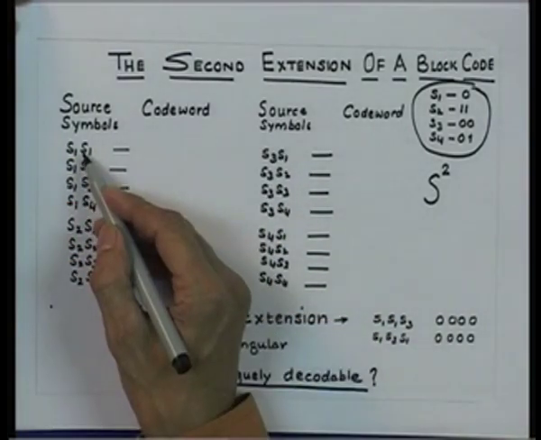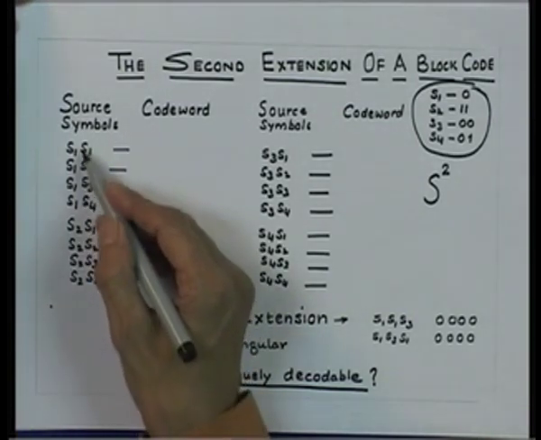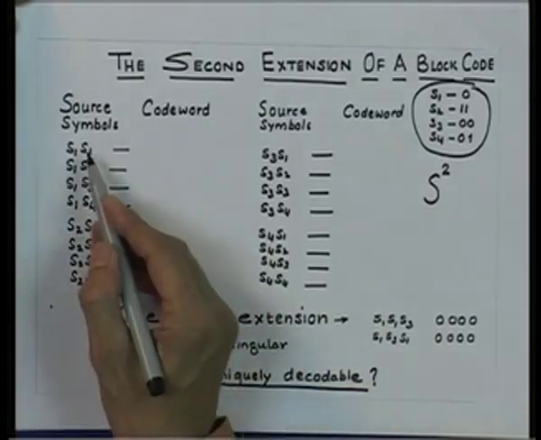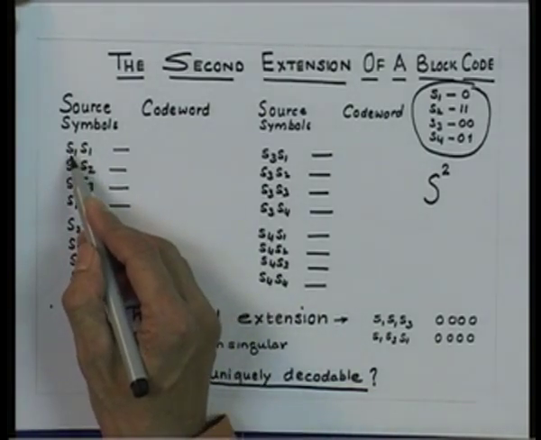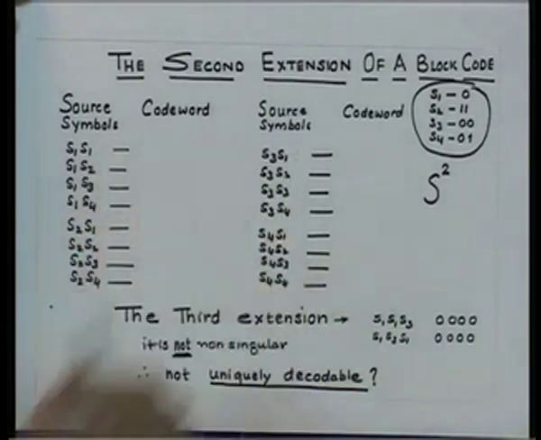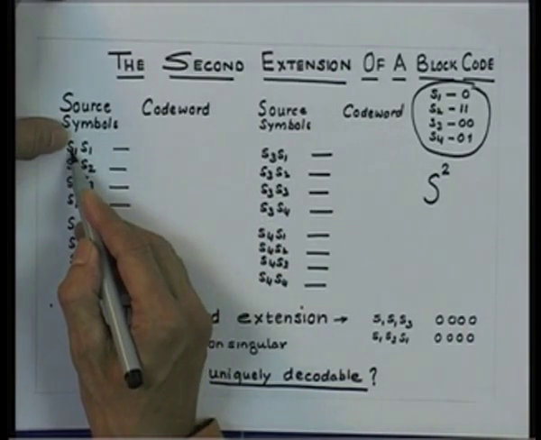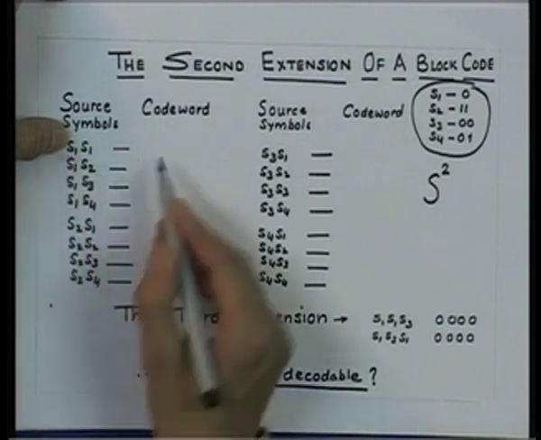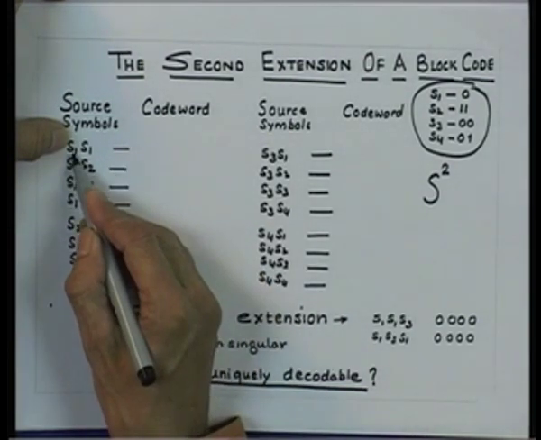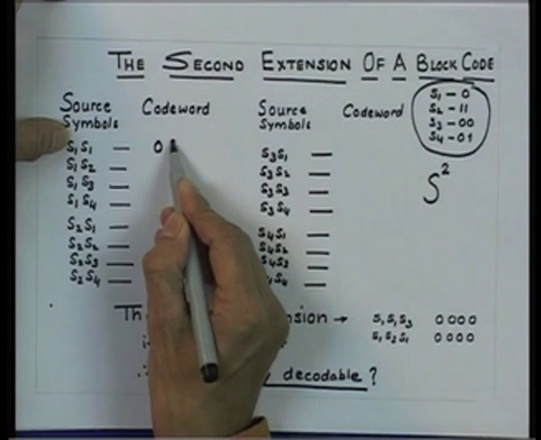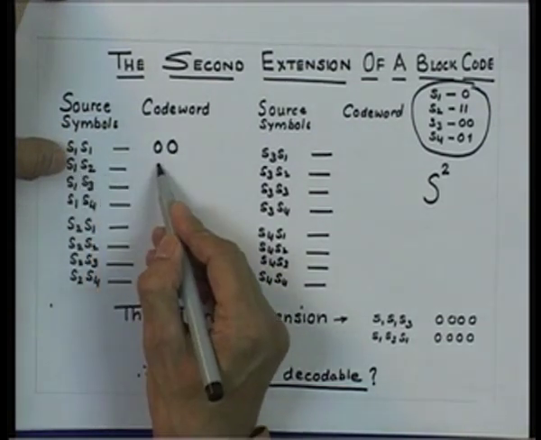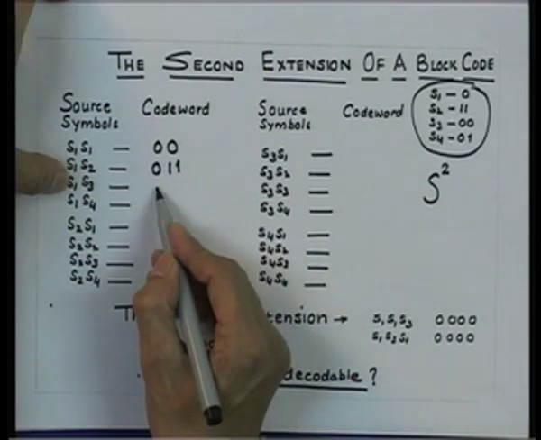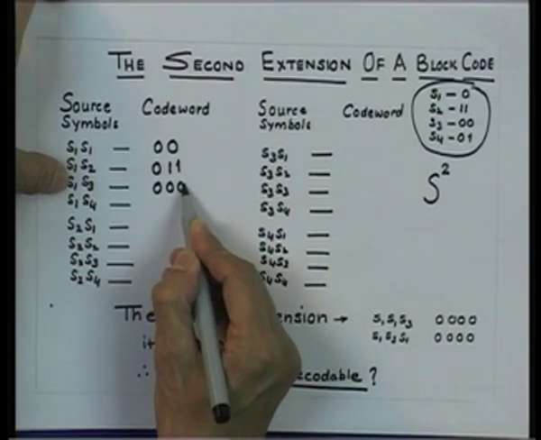Now, to form the code words corresponding to these 16 symbols is very easy. Look at the code words for each symbol and concatenate them. For example, if you take S1, S1, the code word corresponding to S1 is 0. So, the code word corresponding to S1, S1 is 0, 0. Similarly, S1, S2 would be 0, 1, 1. S1, S3 would be 0, 0, 0.